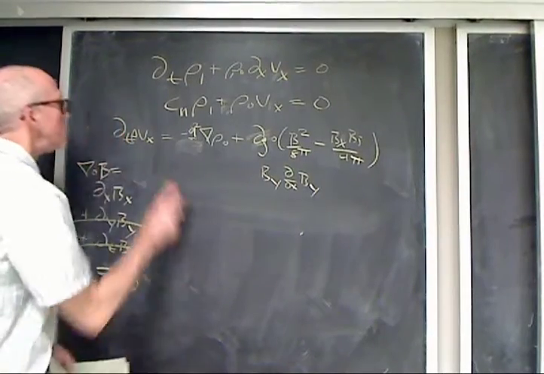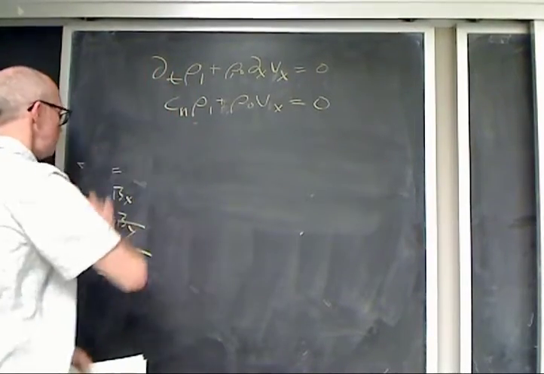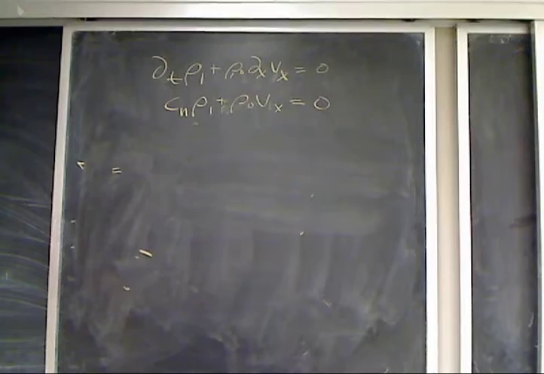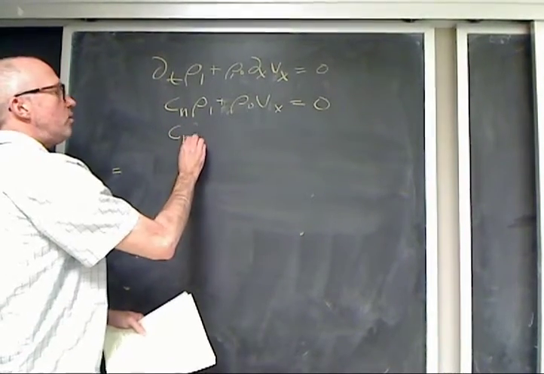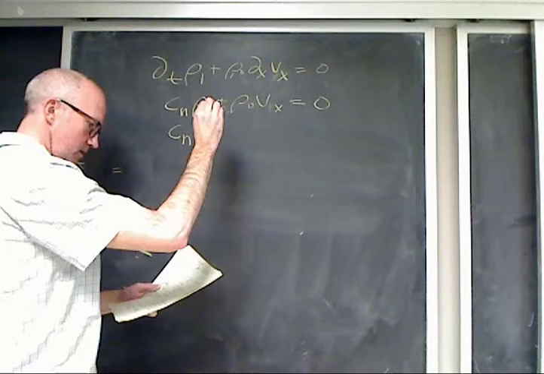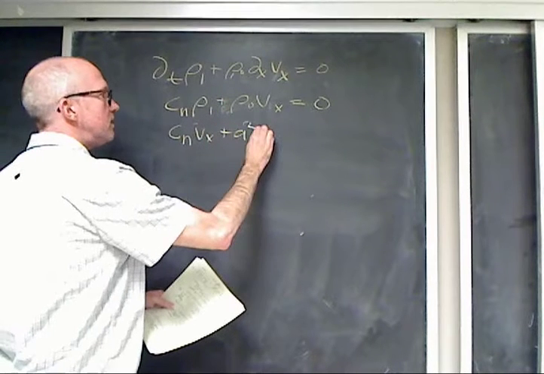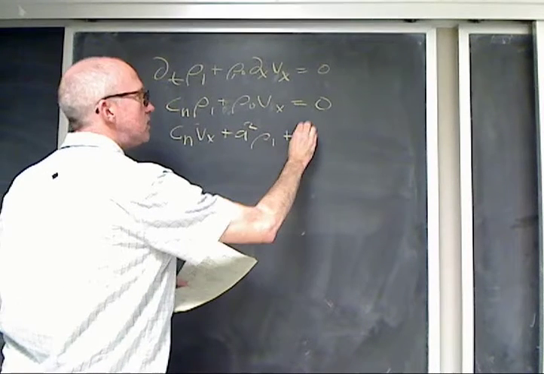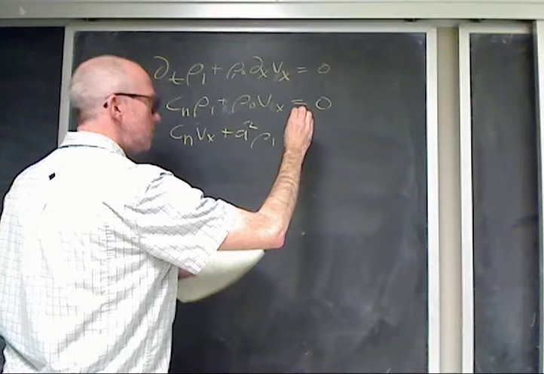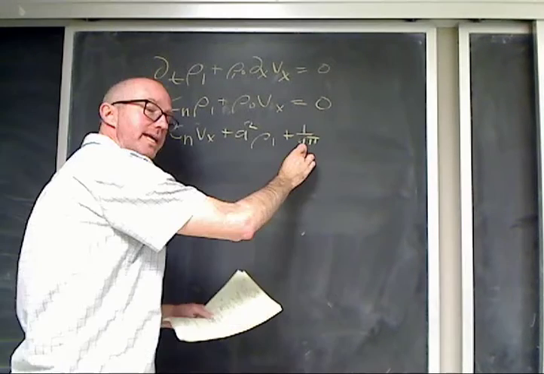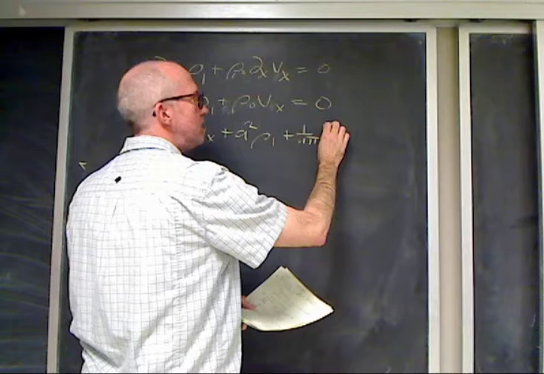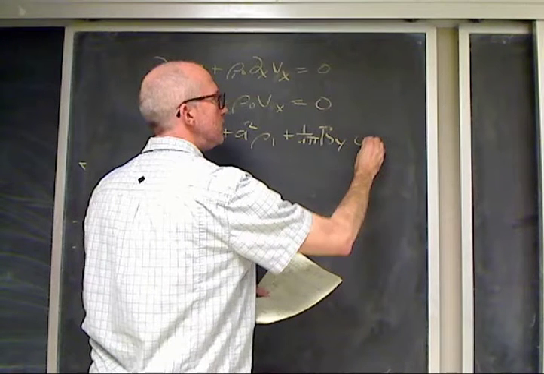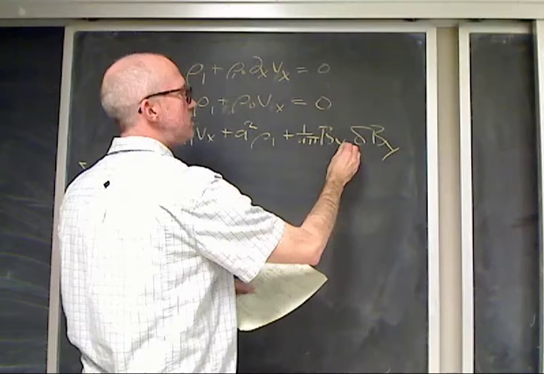So my x momentum equation simplifies to my wave speed times Vx plus a squared rho 1 plus 1 over 4 pi, 4 pi, not 8 pi, because the 2 comes down from the square, By delta By. So this is By naught, and this is By1.